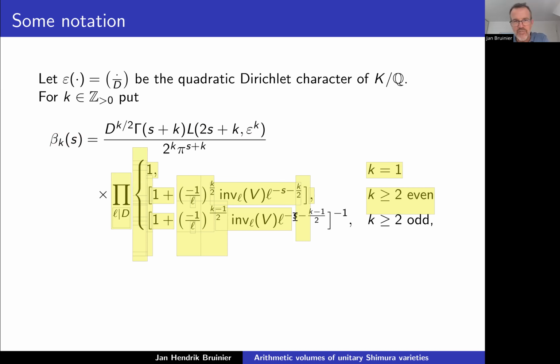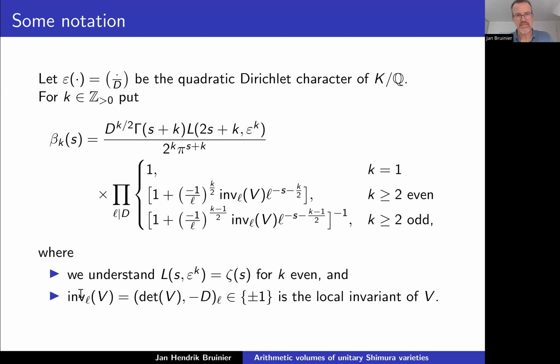And these bad Euler factors are somehow related to the invariant of the Hermitian space V. So this inv_L of V is the local invariant of V. So this local invariant is given by the local Hilbert symbol. So one takes the Gram determinant, takes the local Hilbert symbol with the discriminant of the imaginary quadratic field. So this is the local invariant of V. So this enters in these bad Euler factors.